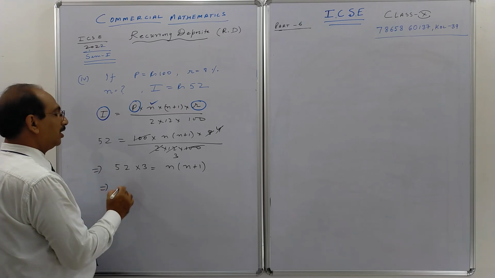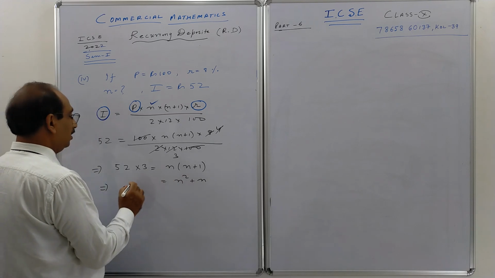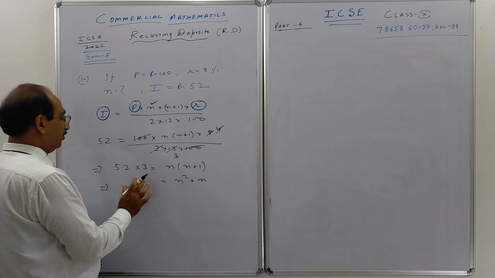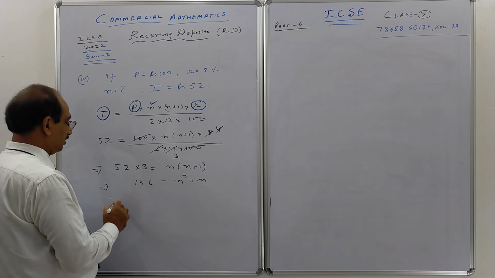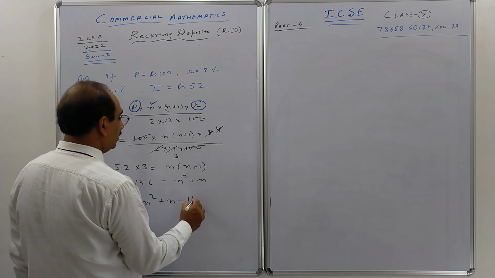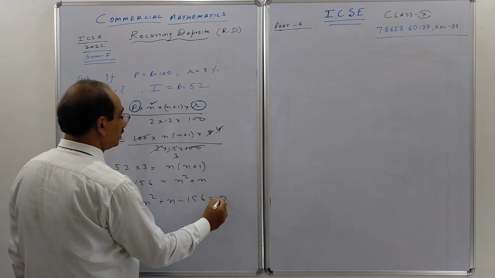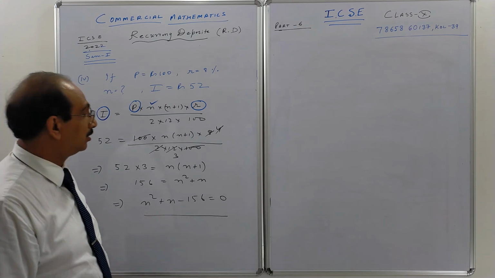So if you make the quadratic equation, children, n square plus n is 52 into 3, 156. So if we arrange, n square plus n minus 156 is 0. So you have to see my video on quadratic equation, how we break the middle term.